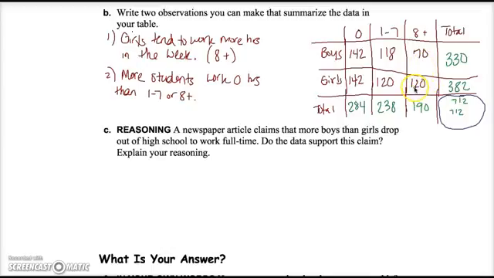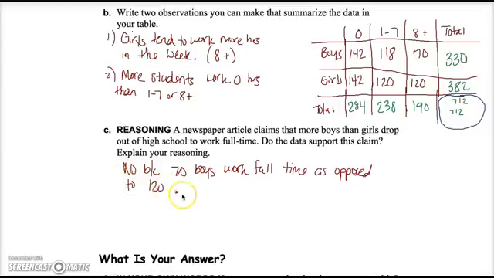It actually supports the opposite. More girls do. So we'll say no, because 70 boys work full-time as opposed to 120 girls. Okay, so there's a pretty big discrepancy there in the data.